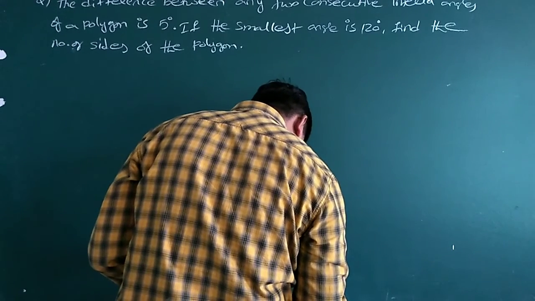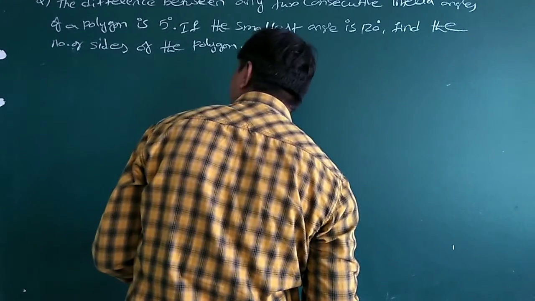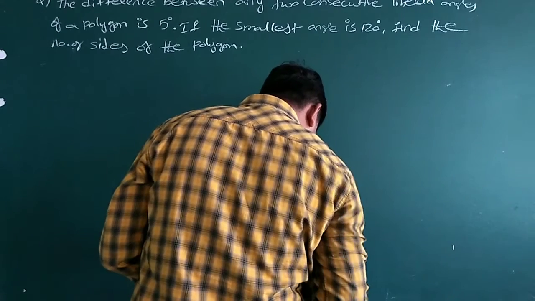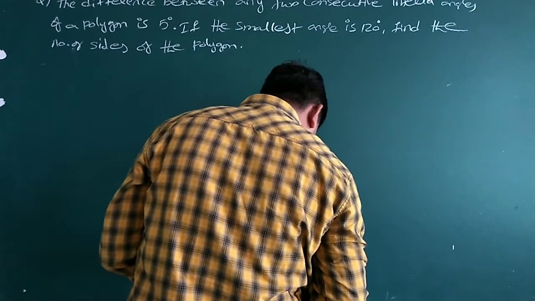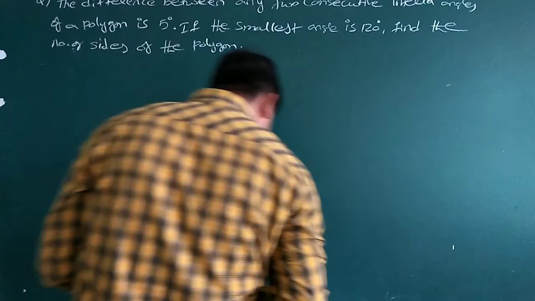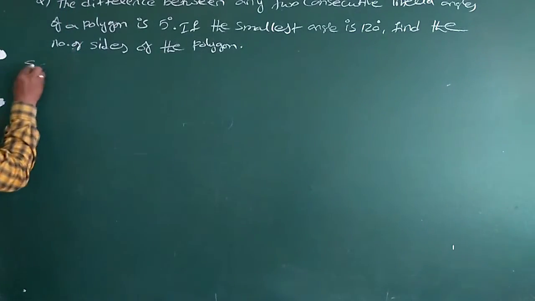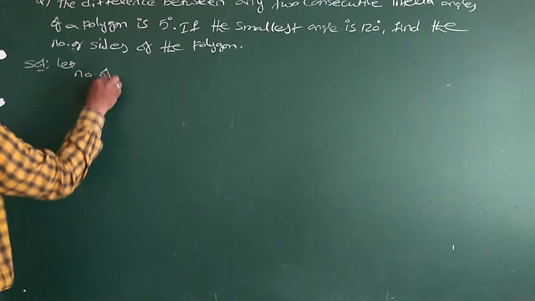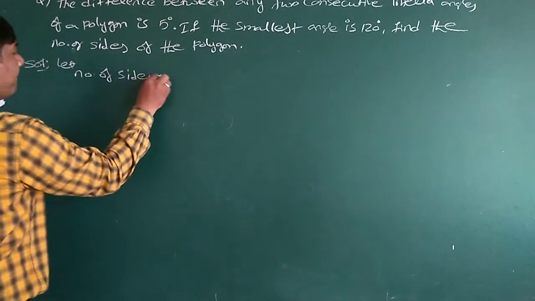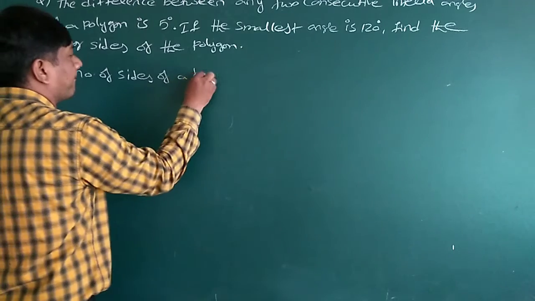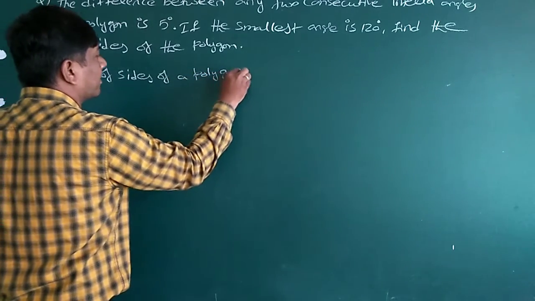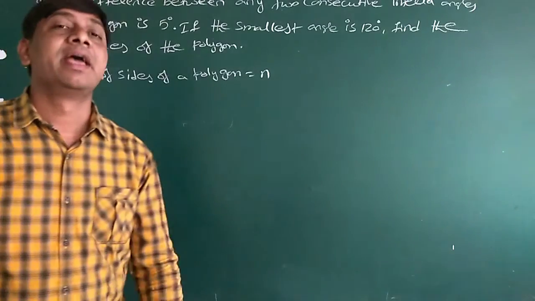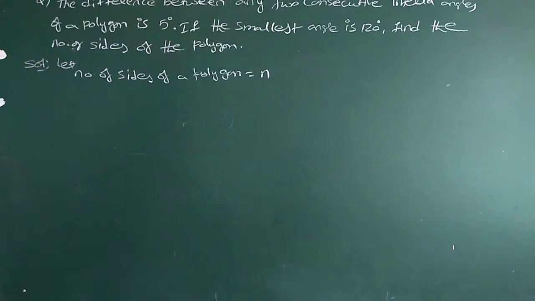If the smallest angle is 120 degrees, find the number of sides of the polygon. Let the number of sides of the polygon be n. I suppose it is an n-sided polygon.